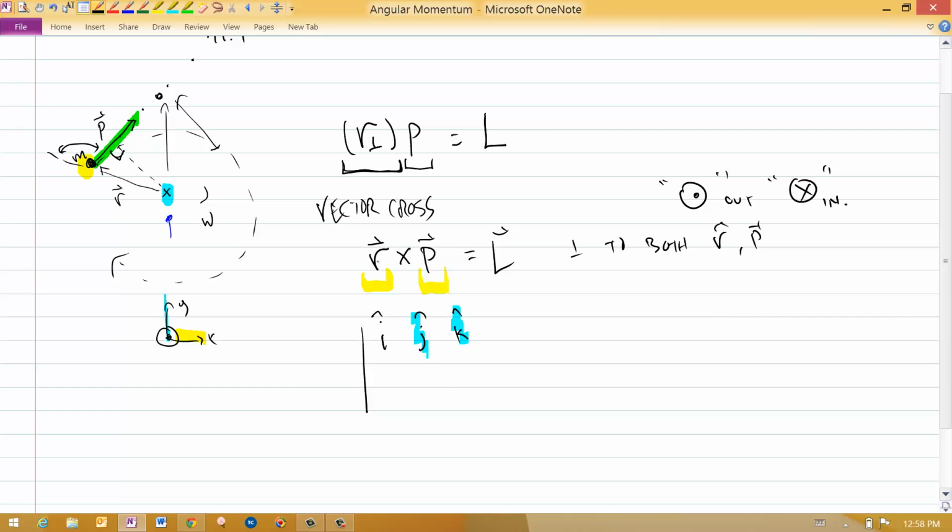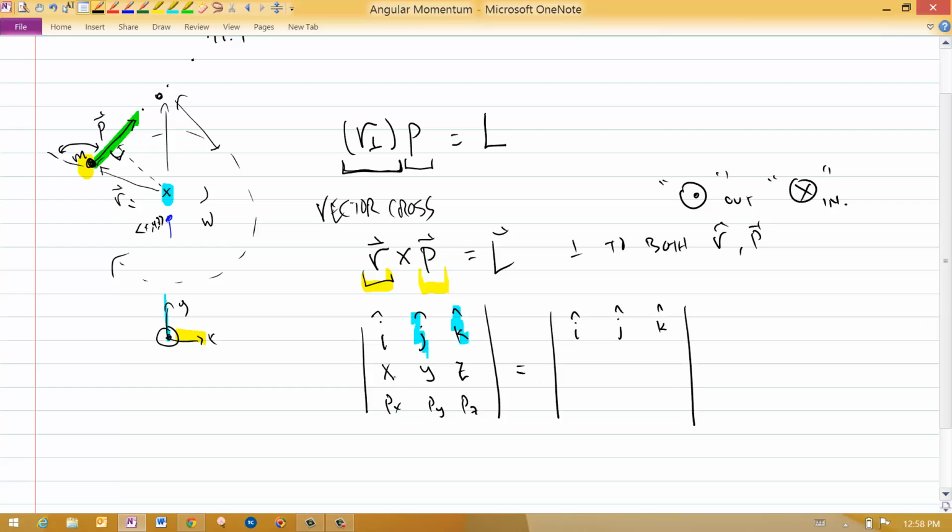On the next row, you put the components for the r. So I have x, y, and z. Those are the components of this vector here. And then the last row, you put the x component of the momentum, the y component of the momentum, and the z component of the momentum. Now, for an object that is moving around in two dimensions, I'll keep the i there, the j there, and the k there.